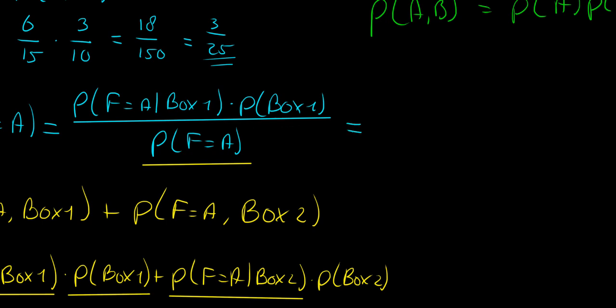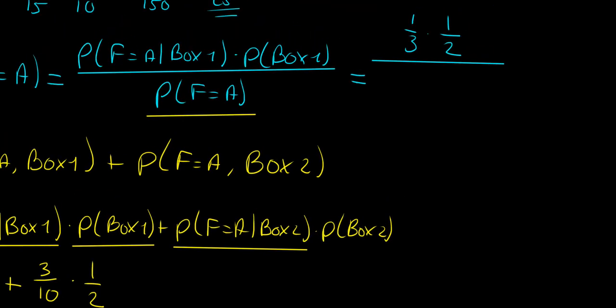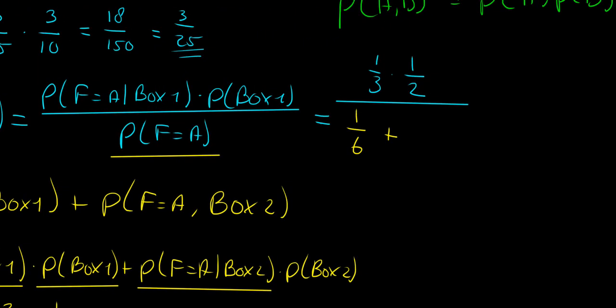So probability of taking an apple given box 1 was 1/3 multiplied with the probability that we are looking in box 1 divided by what we have calculated down here, 1/6 plus the other one for looking at box 2, which is 3/20.